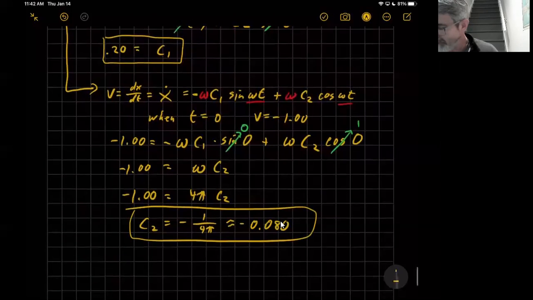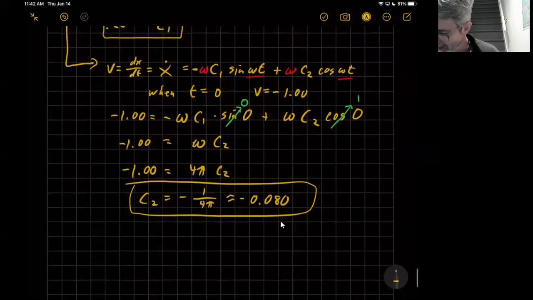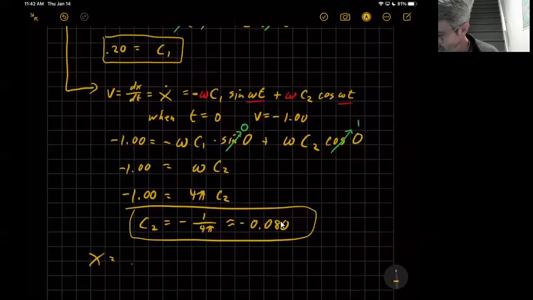So I can put all of this back together again and say x would be equal to C1, which is 0.20, cosine of 4 pi t, omega was 4 pi. Putting parentheses around that might be helpful. It's not necessary, but probably helpful.